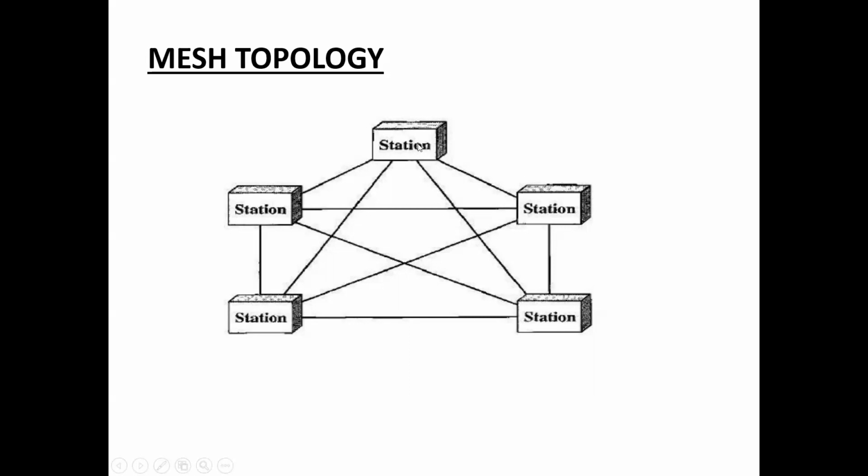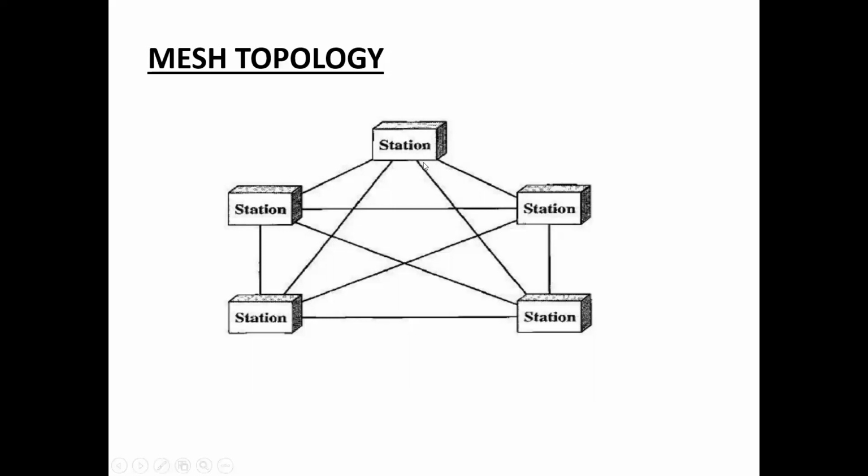See here, this station is connected to every other station. Here, the term dedicated means the link carries traffic only between the two devices it connects. Suppose this station is connected to this station, so the traffic is carried only between these two devices.